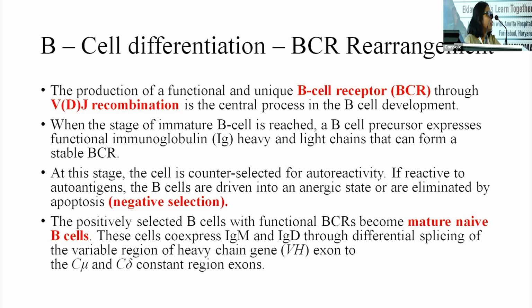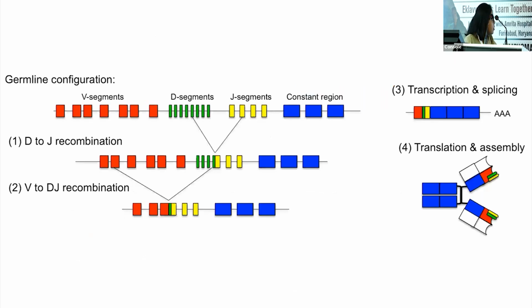If we look at the germline configuration of the immunoglobulin gene, it has 4 segments: the V segment, which is called the variable segment, then the diversity segment, the joining segment, and the constant region. In the first step, in early B cell maturation, first the D and J segment recombination takes place, followed by DJ recombination to the V variable segment.